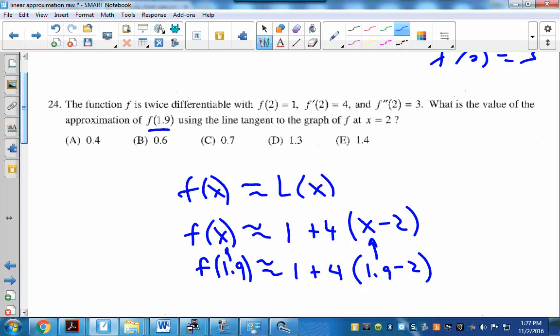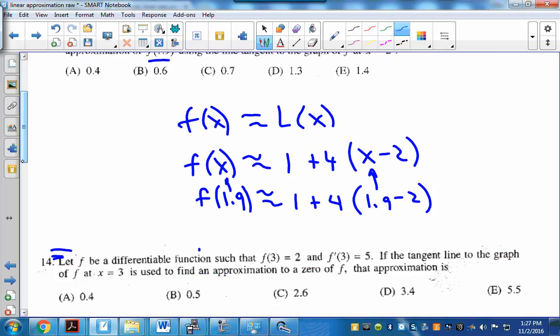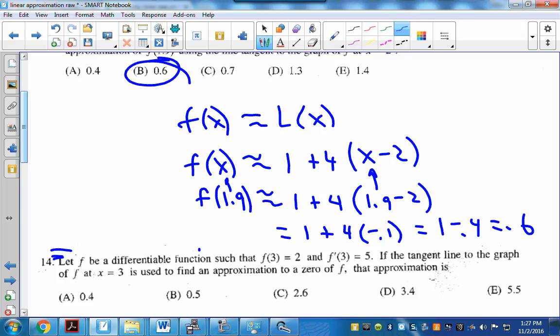Yes? Which is equal to 1. This is 4 times a negative 1/10, right? Which is equal to 1 minus 4/10, which is 0.6. There it is, 0.6. Okay? As long as you have the tangent line, you're done.